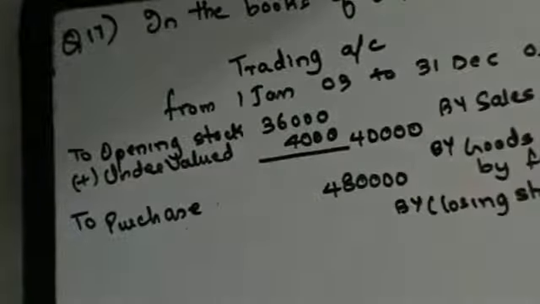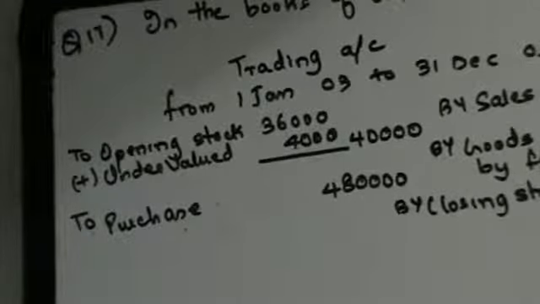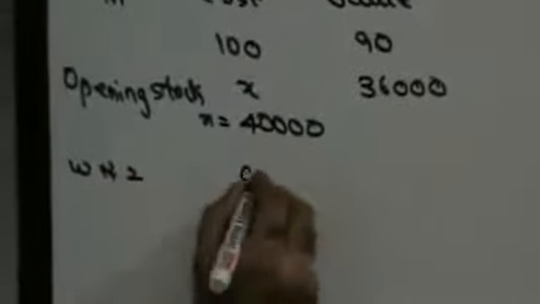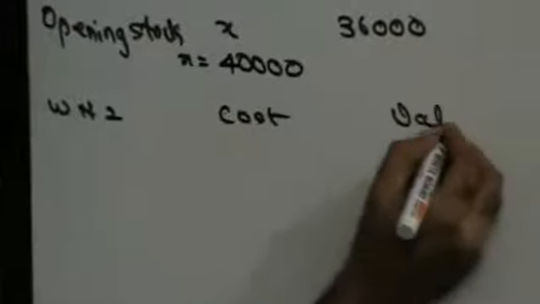Okay. Now they're saying that all of a sudden this practice changed, and they value stock at cost plus 10%. Working note 2, cost value. Now for closing stock they changed the method.